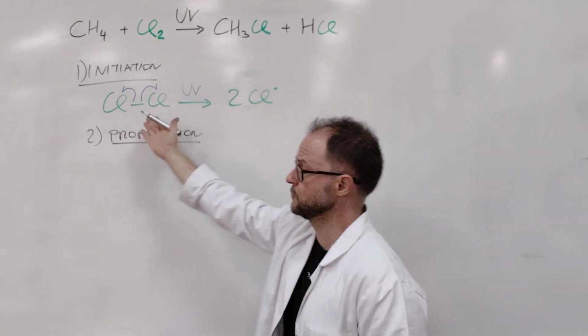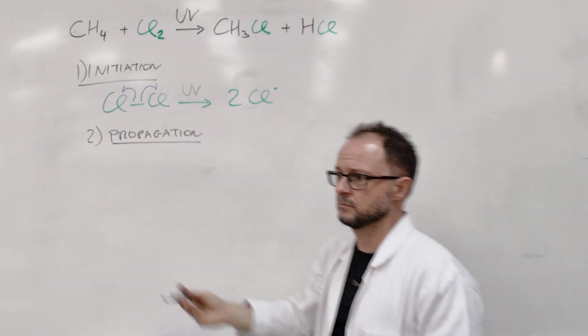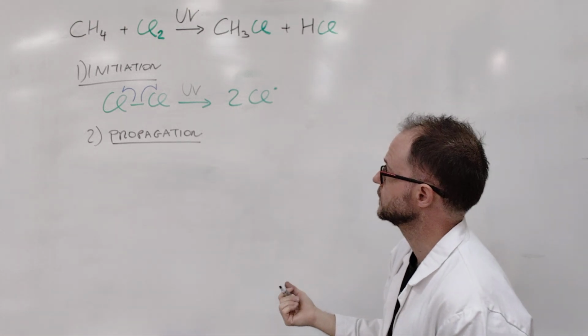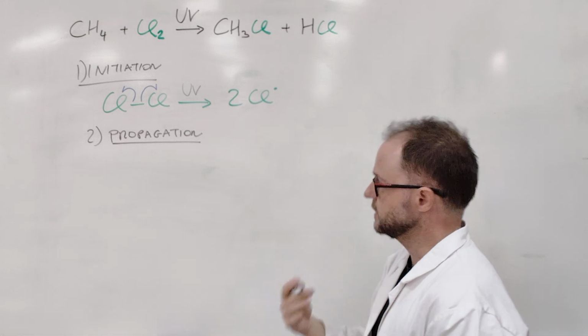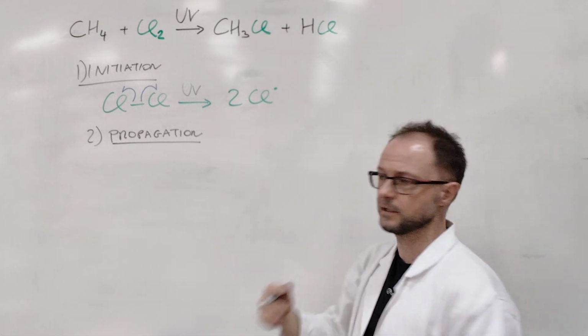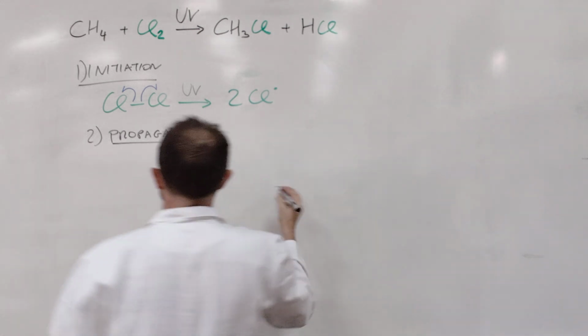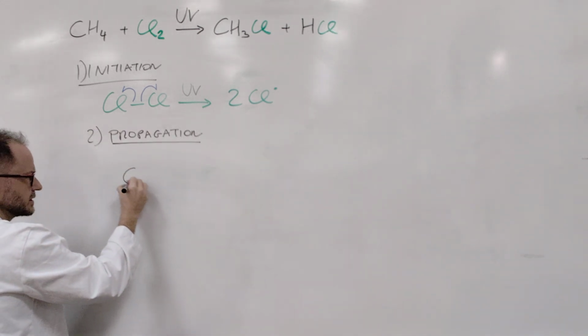It could collide with another molecule of chlorine, but that wouldn't result in anything different. There'd be no change there. But what if it collides with a molecule of methane, or the particular alkane that you are using in the mixture? Well, let's draw it.